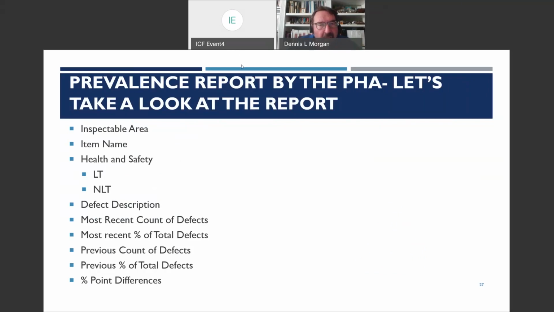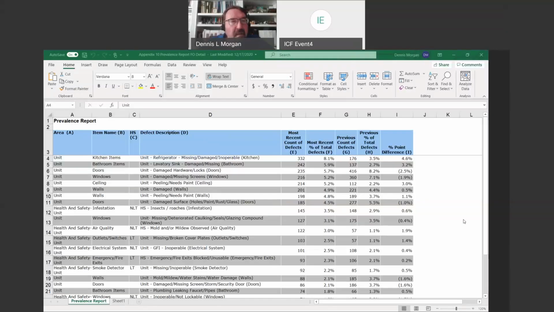And let's take a look. This is a copy of a prevalence report, so let's do a little analysis on it.